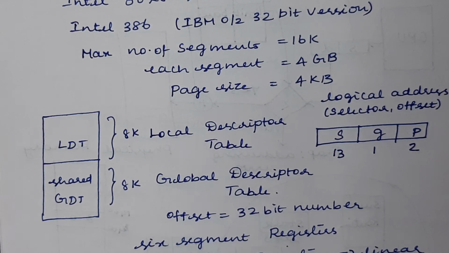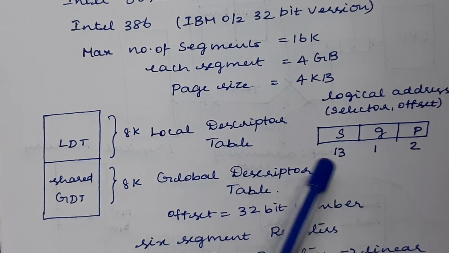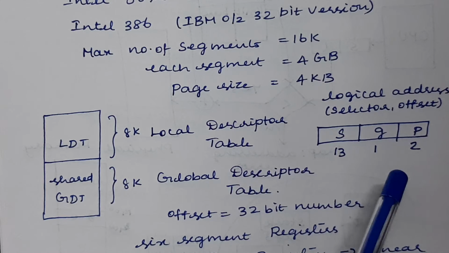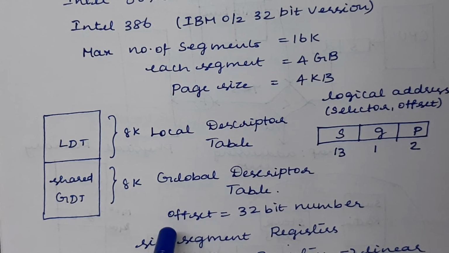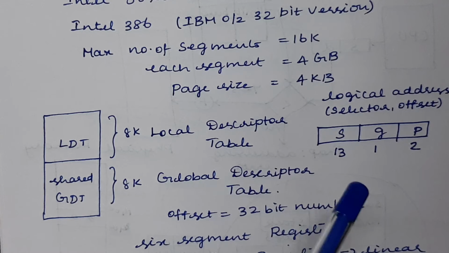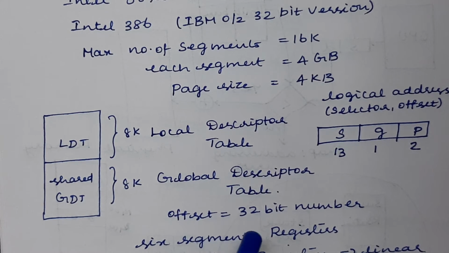So 13 plus 1 plus 2 is 16 bits for the selector. The offset is the next field in the logical address, and the number of bits used for representing the offset is 32.